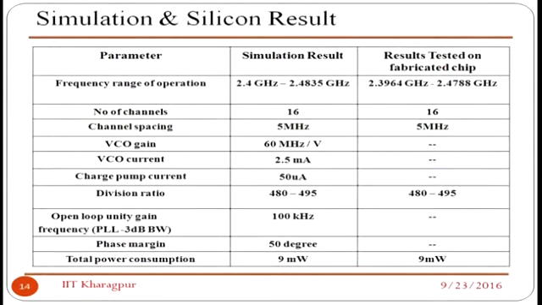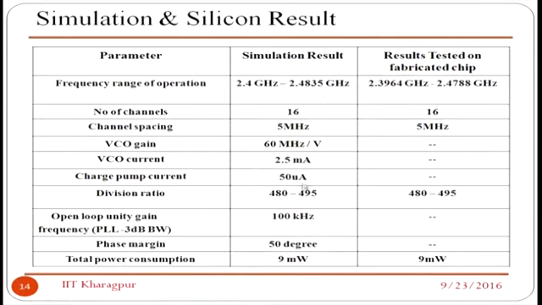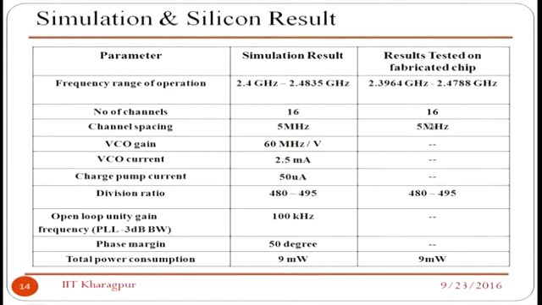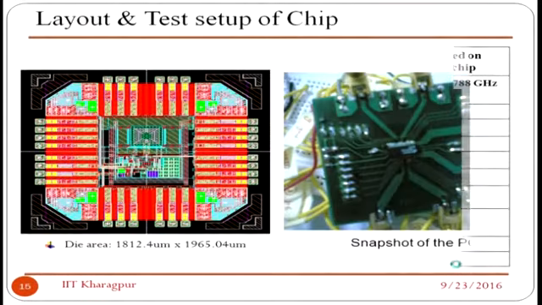And these are some initial results. The range is 2.4 to 2.48 gigahertz, with a division ratio of 480 to 495 to cater to the 2.4 to 2.48 band for Zigbee applications, with 16 channels with spacing of 5 megahertz, and the total consumption of the frequency synthesizer is 9 milliwatt.